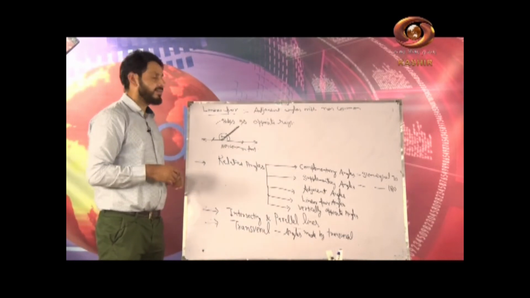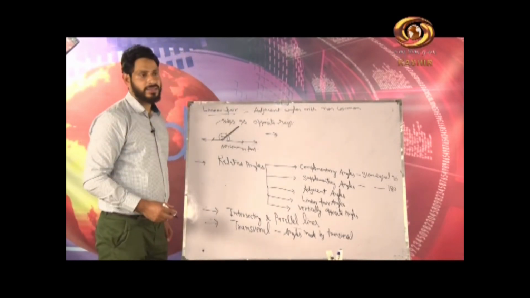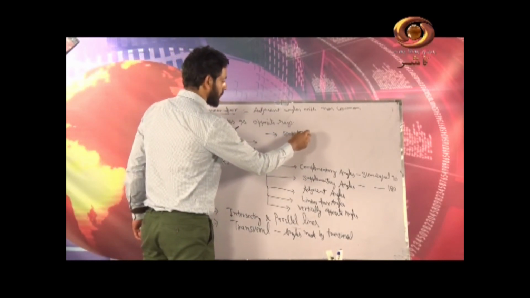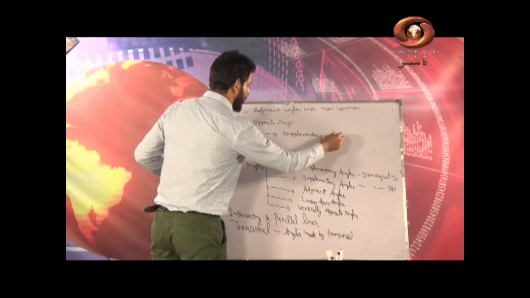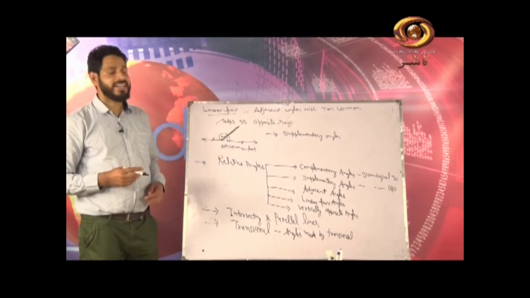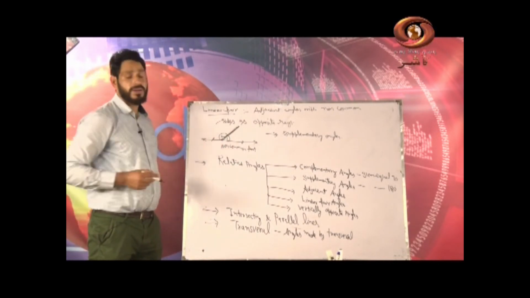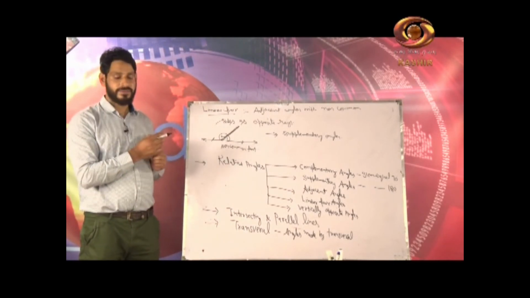So linear pairs form 180 degrees, and angles summing to 180 degrees are called supplementary angles. So we can say that linear pair angles are also supplementary angles. We can clearly say that angle 1 plus angle 2 is 180 degrees if they form a linear pair.